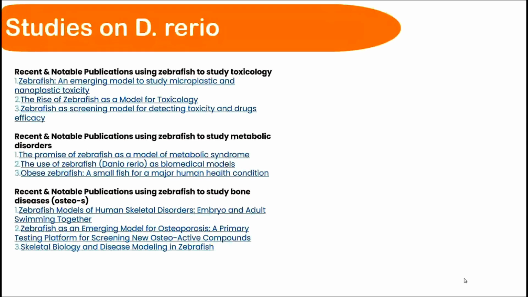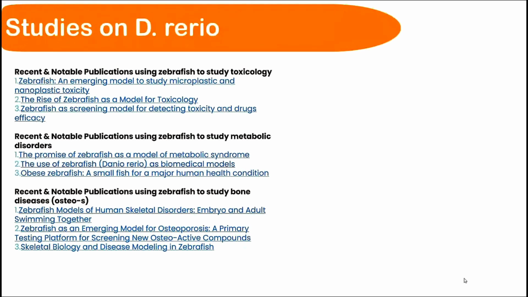It has been recently studied on zebrafish. This has seen zebrafish as the model for toxicological studies and drug efficacy studies also. Then zebrafish has emerged as the model organism for studies with respect to metabolic disorders as well. Along with that, it has established itself as a biomedical model.